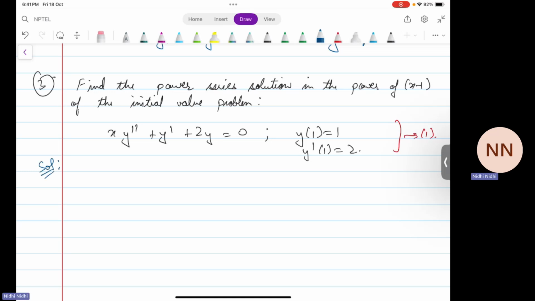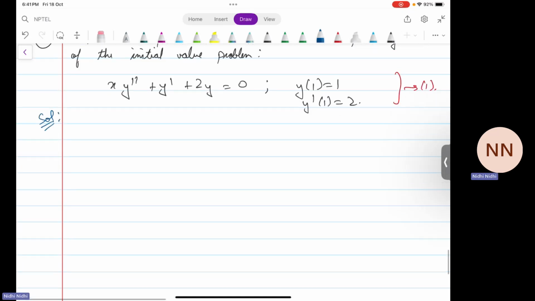Solution. So we will firstly convert this problem into standard form: y double dash plus y dash by x plus 2y by x is equal to 0.